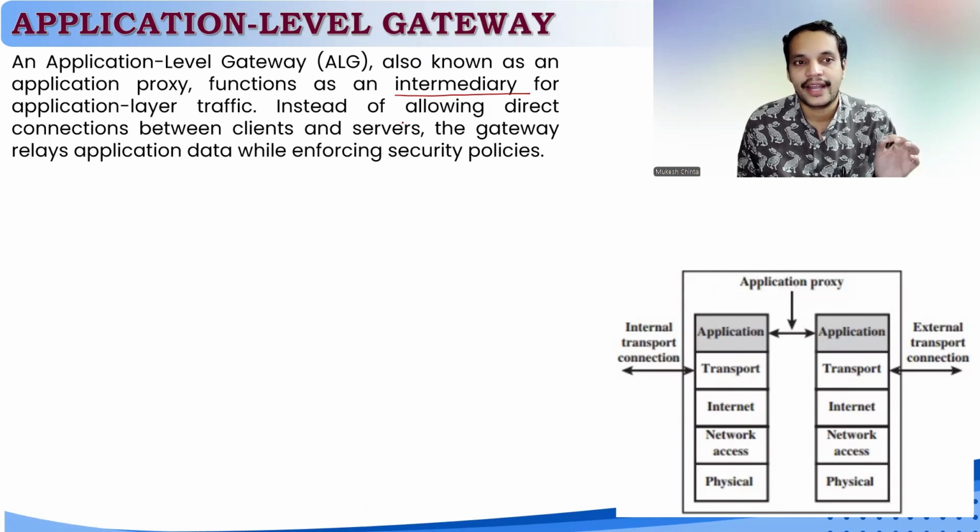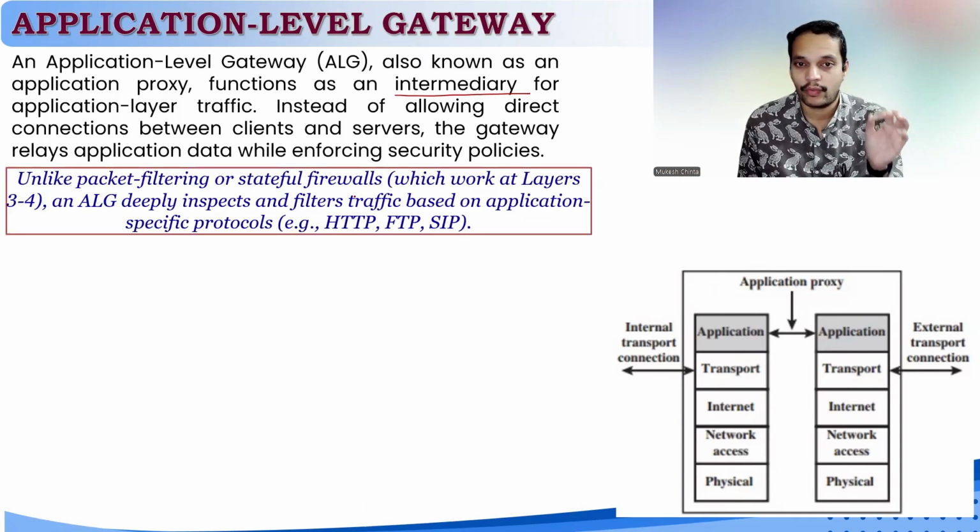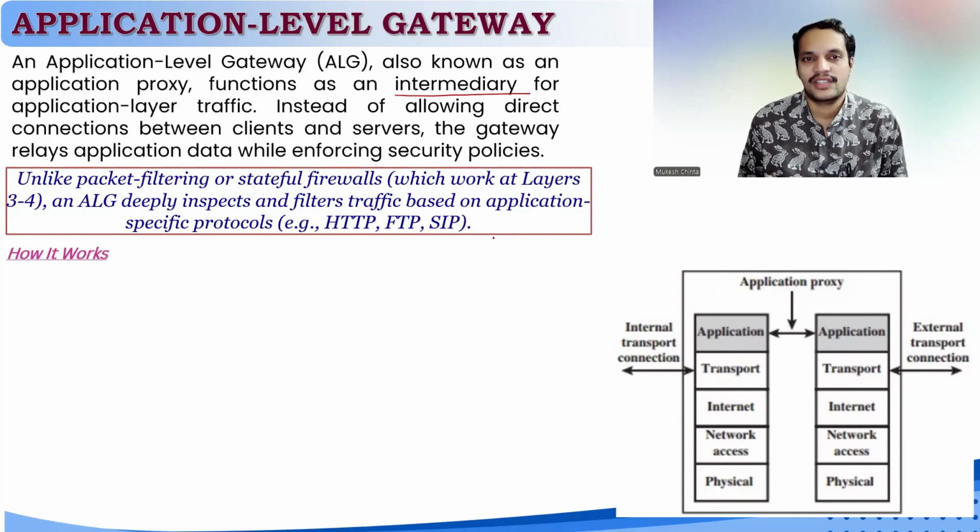Instead of allowing direct connections between clients and servers, the gateway relays application data while enforcing the security policies. Unlike packet filtering or stateful firewalls, which only work at layers either 3 or 4, which are your network layer and transport layer, the application level gateway inspects and filters traffic based on application specific protocols like HTTP, FTP, and SIP.